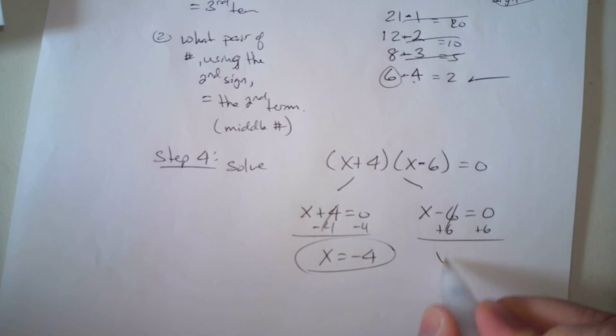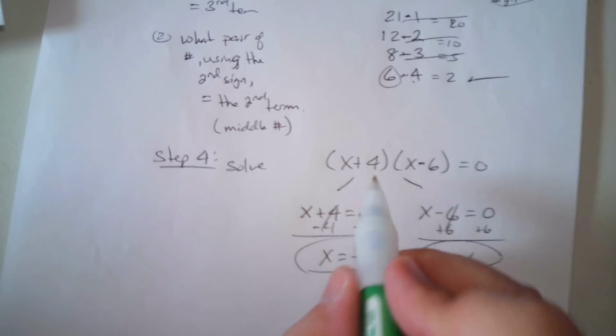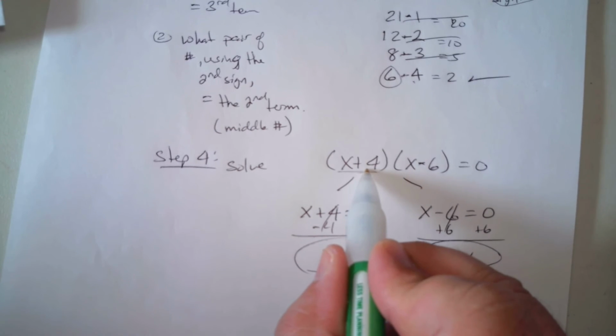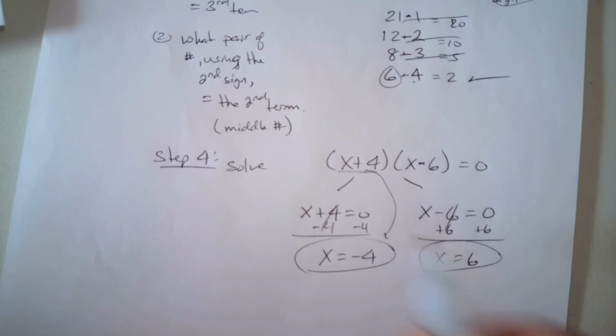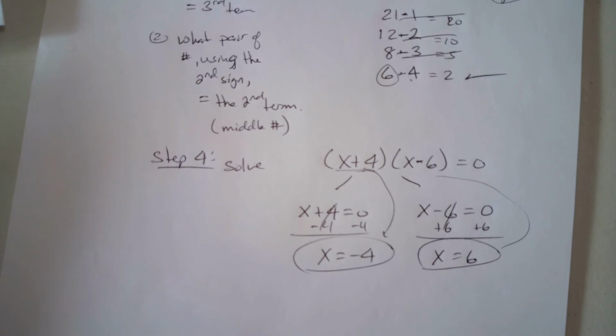Add 6, x equals 6. Well, we knew this already because whatever's inside the parentheses, the answer is always the opposite sign. So we know the answer is going to be negative 4, and positive 6. All right, so far so good.